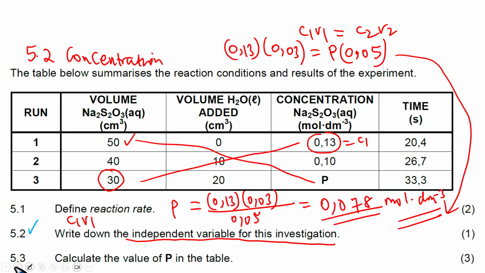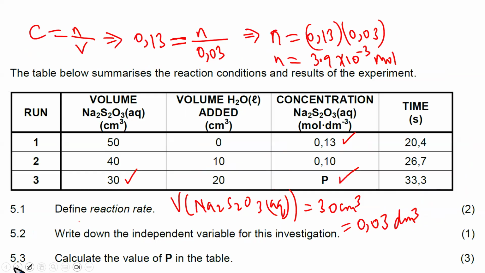So now, in the same way, you switch this around. Obviously now you use the 0.13 concentration, which deals with the 0.03 volume, and then we get the number of moles.